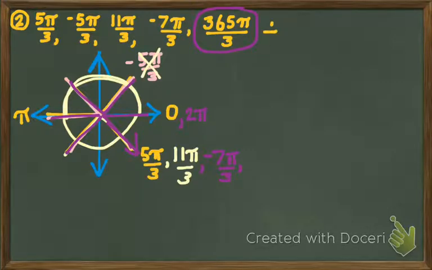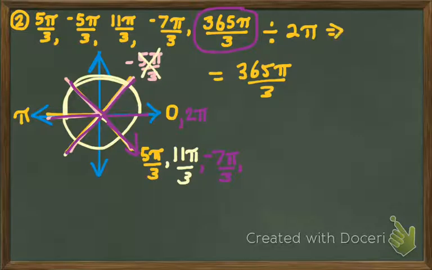So I want to divide this by 2 pi in essence. That's equal to 365 pi over 3. And remember, if 2 pi is 6 pi thirds, which it is, that means when I reciprocate this and multiply, I'm going to have a 3 on the top and a 6 pi on the bottom.